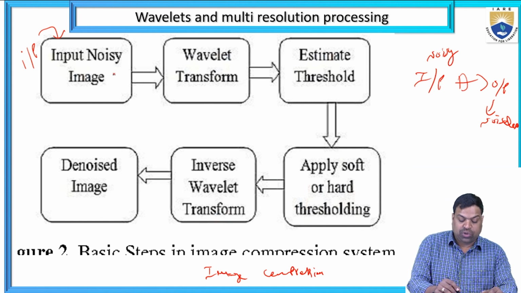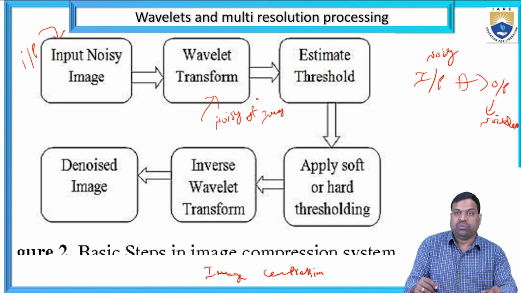So the input is a noisy image, and we apply the wavelet transform, a transformation technique. This transformation technique depends on the noise in the image. Which type of noise is there? Depending on the type of noise, we use the wavelet transform or transformation method.